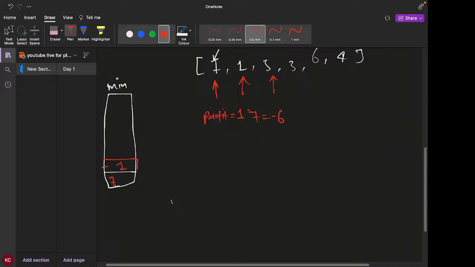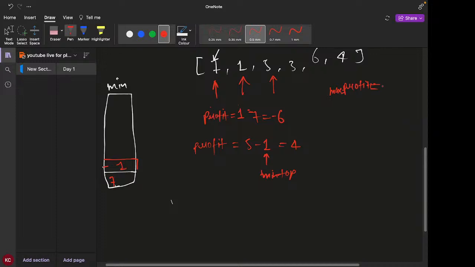When I move to the 5, then profit should be 5 minus top. This is the top element, that is the minimum element, min dot top. And what will the profit be? It is 4. So I maintain a max profit variable, where I will store the profit.